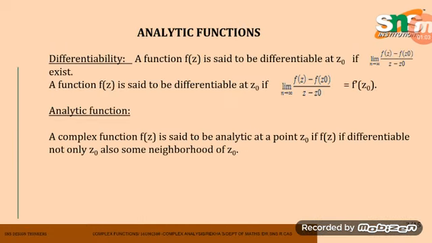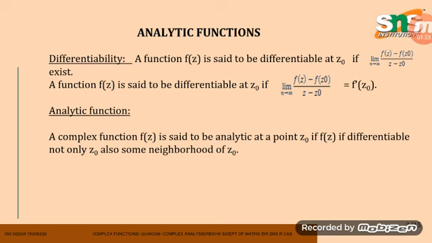Next, we are going to discuss the definition of differentiability. Differentiability is defined as the limit as z tends to z0 of f of z minus f of z0 over z minus z0, equal to f dash of z0. Then we can say it is differentiable. What is meant by an analytic function?